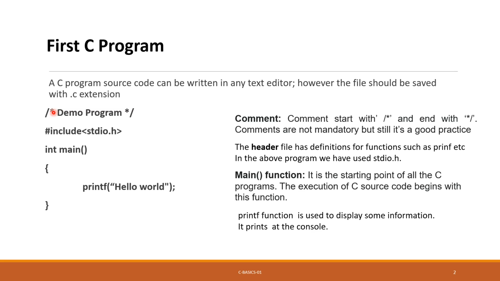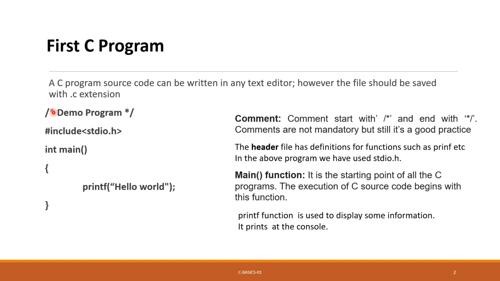This is very important to give extra details about your program: the creator of the program, the version of your program, and the purpose. We can call this part the documentation part.